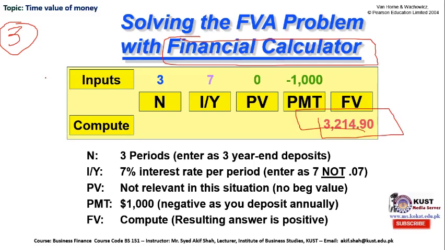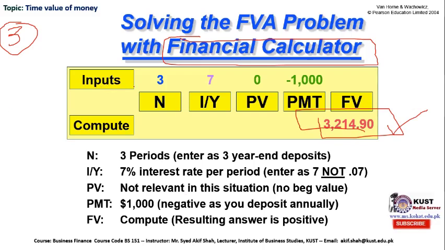There are certain input values you are required to plug into the financial calculator, and then you press the enter or equal button and you get the future value of ordinary annuity.